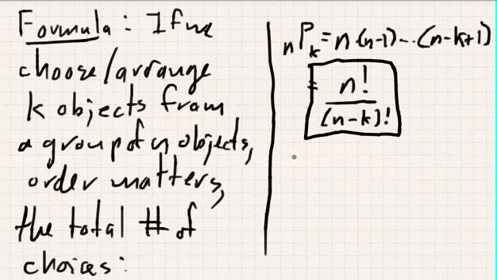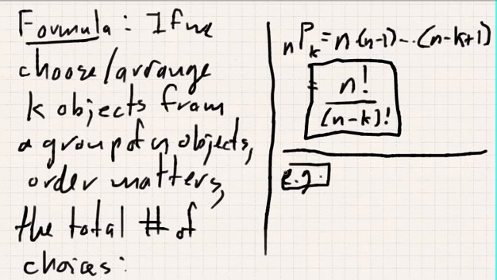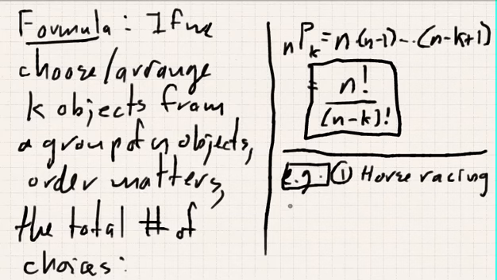Okay. So let's look at some examples of using this. So first, let's look at, say, horse racing. Now, I was trying to find if there's a standard number of horses that typically end up in, say, the Kentucky Derby or something like that. But it looks like it might vary from year to year.